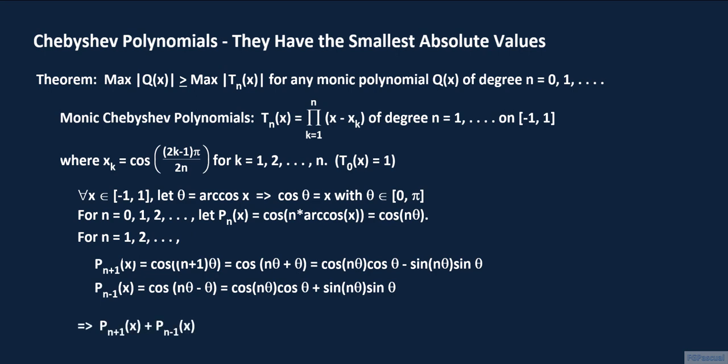And so p_(n+1)(x) plus p_(n-1)(x) equals 2 cosine n theta cosine theta. With cosine n theta equal to p_n(x) and cosine theta equal to x, we get the following recursion.